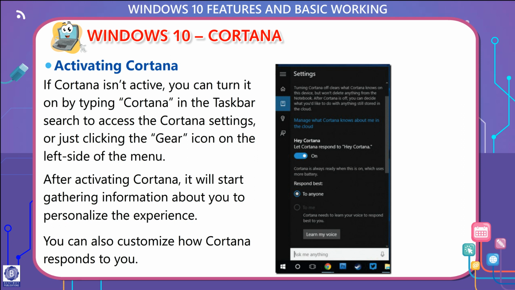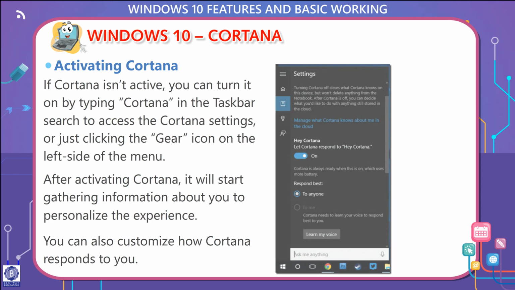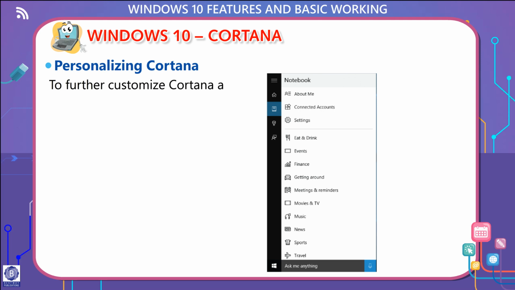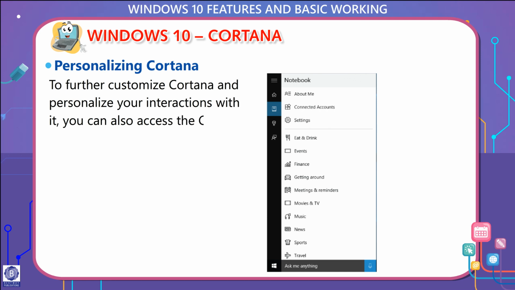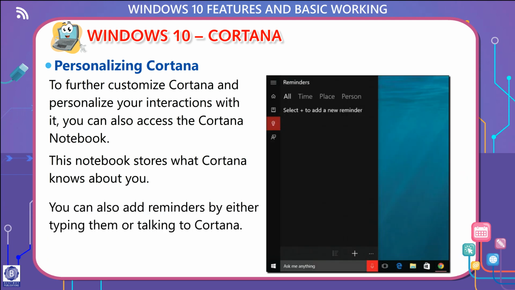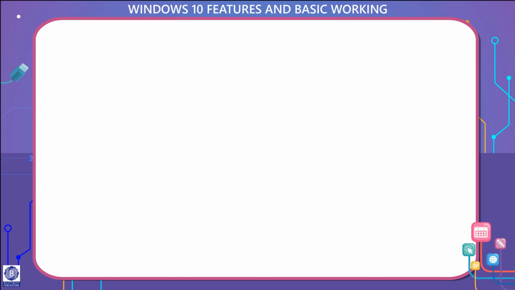You can also customize how Cortana responds to you. Personalizing Cortana. To further customize Cortana and personalize your interactions with it, you can also access the Cortana Notebook. This notebook stores what Cortana knows about you. You can also add reminders by either typing them or talking to Cortana.